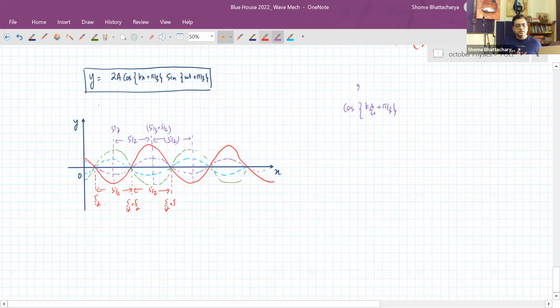So at x equal to lambda by 4, for example, the cosine value is minus root 3 by 2. So the amplitude at this point is a root 3.